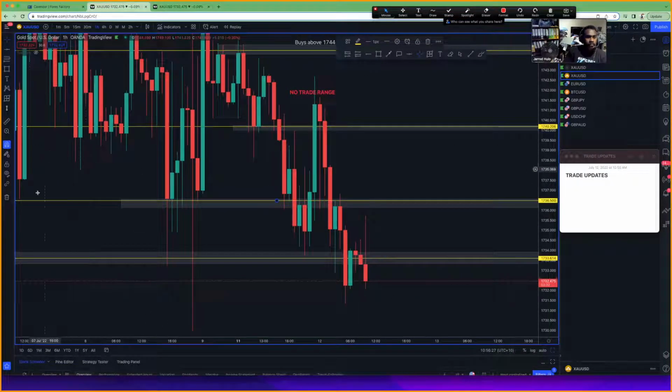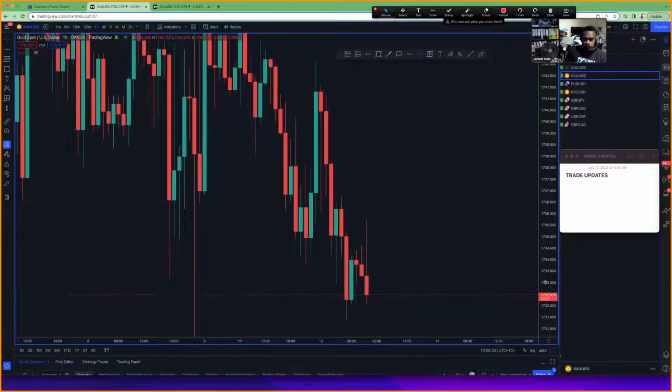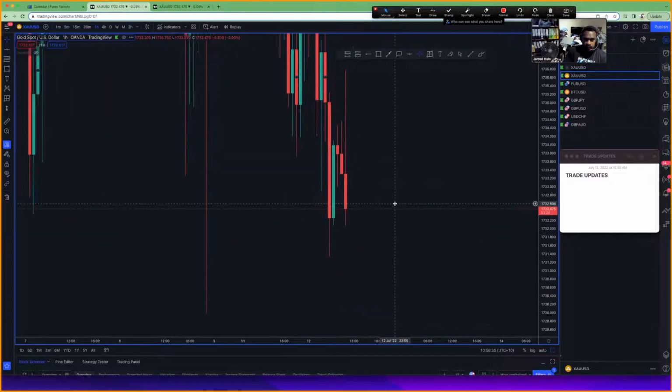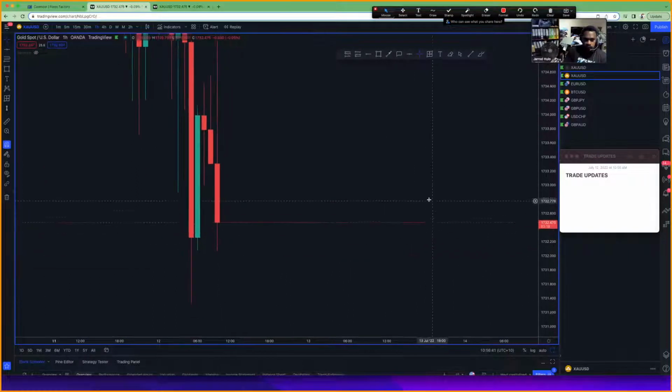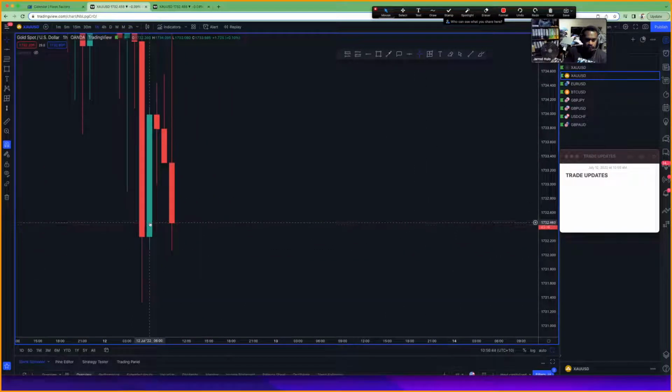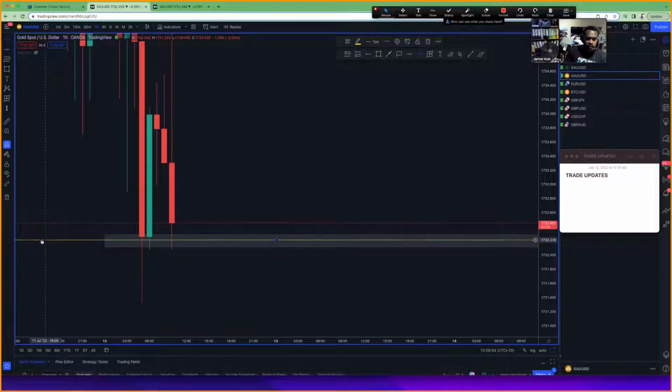Now we're going to hop onto the 1 hour time frame and see what's happening. We have 3 minutes until this 1 hour candle closes. We're trading a little bit above this minor support level on the 1 hour time frame at 1732.100 that was formed a couple hours ago, around 6 a.m. today.